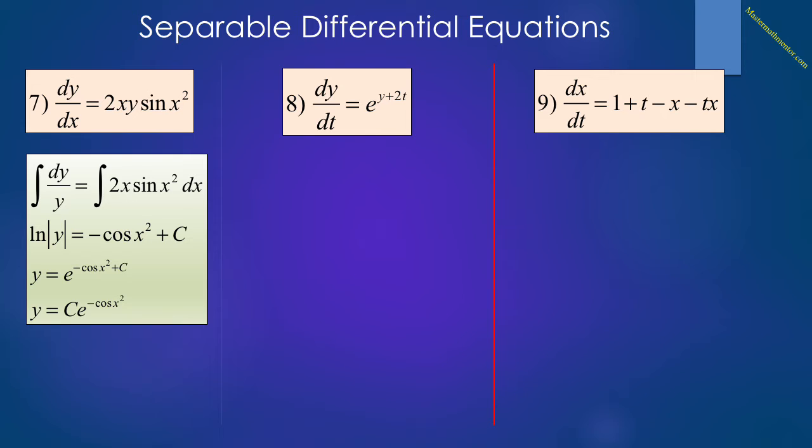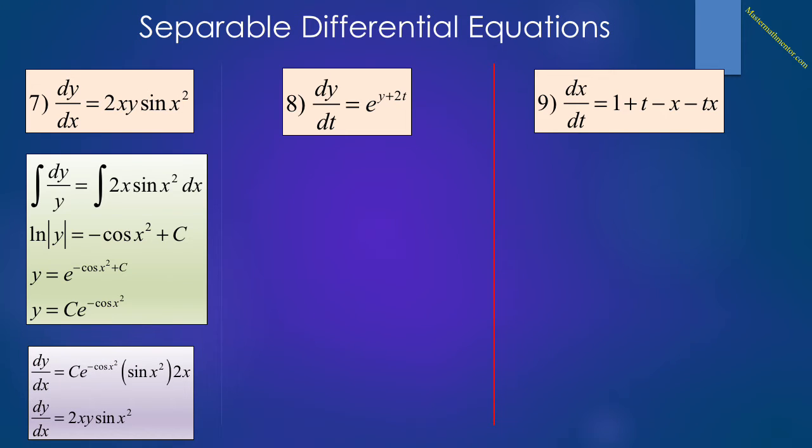The right side can be done with u substitution, and we get negative cosine of x squared plus c. Therefore, y is equal to e to the negative cosine of x squared plus c. And again, since e to the c is equal to c, our final answer is y is equal to c e to the negative cosine of x squared.